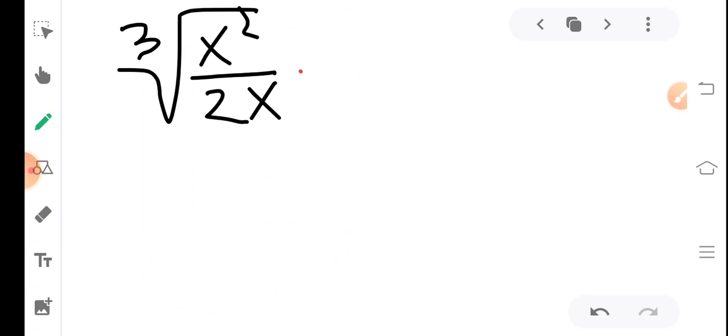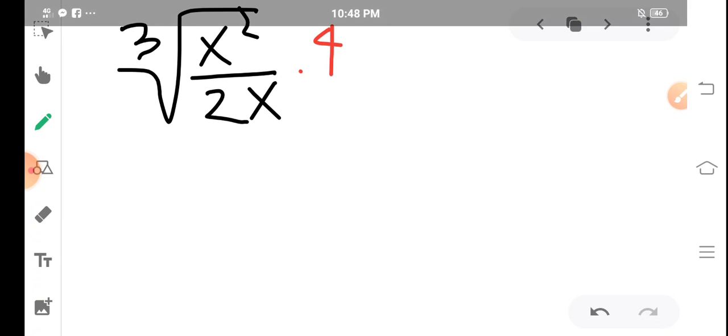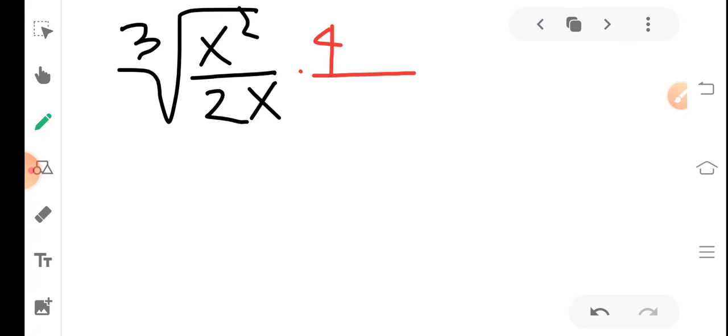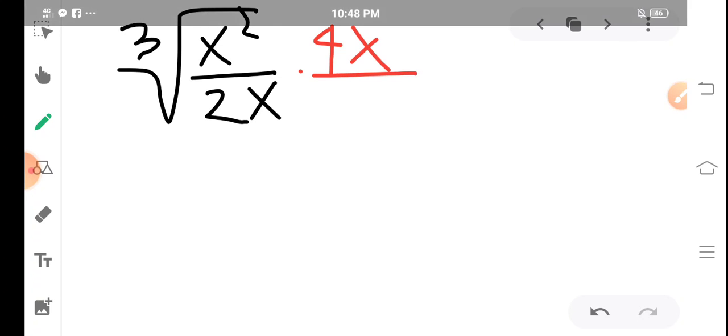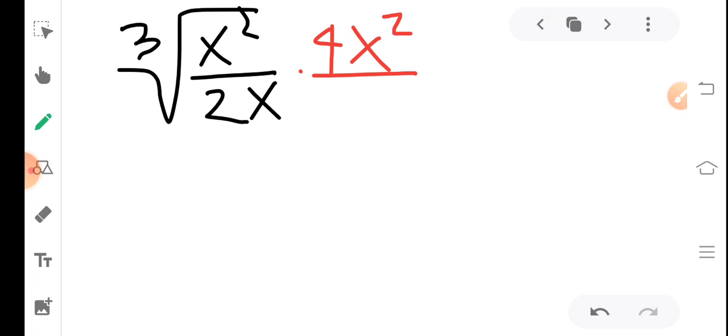And what are we going to multiply with x to make it a perfect cube? Now let's try with 4. 4 times 2 is 8, and 8 is a perfect cube. So we have here x squared, and we also have 4x squared.